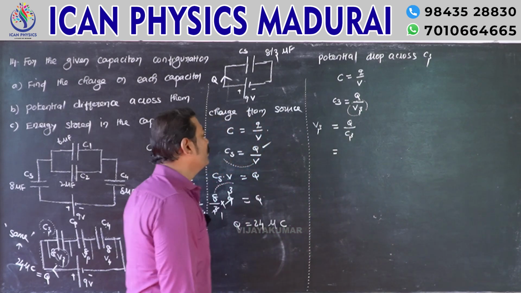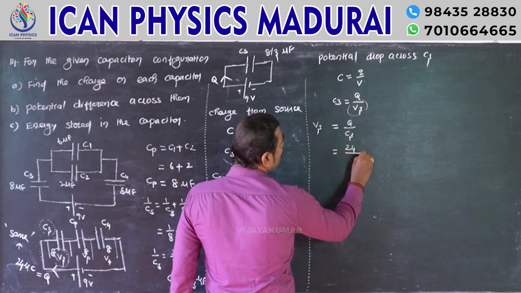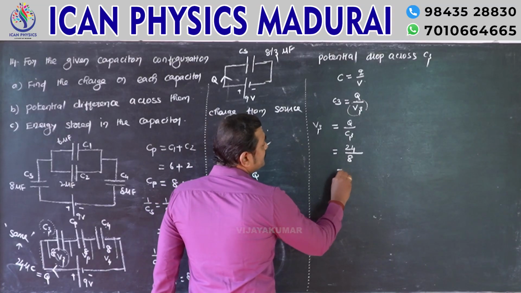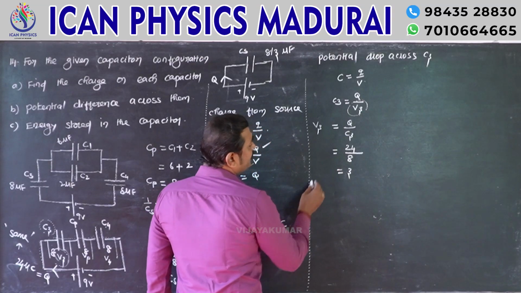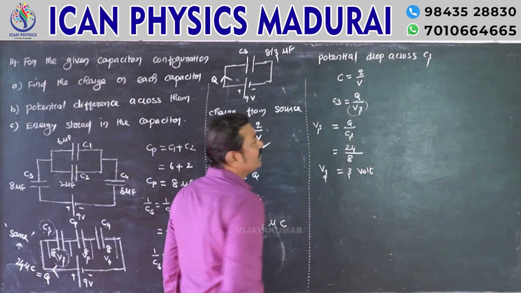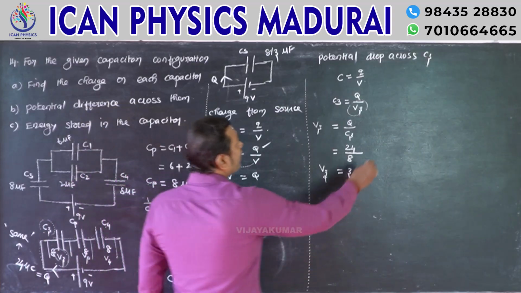What is the value of Q? 24 microcoulomb divided by C3, which is 8. So, 3 8s are 24, and V3 equals 3 volt. Do you get it now? Do you have any doubts? No doubts.